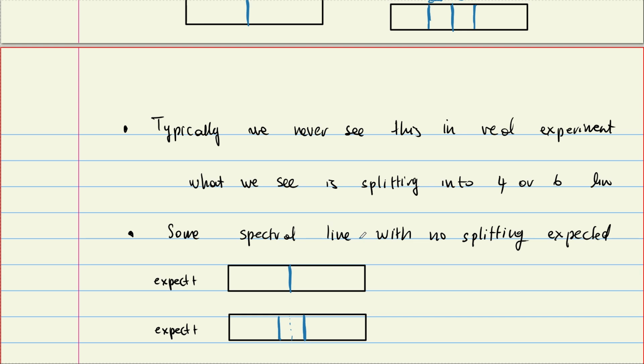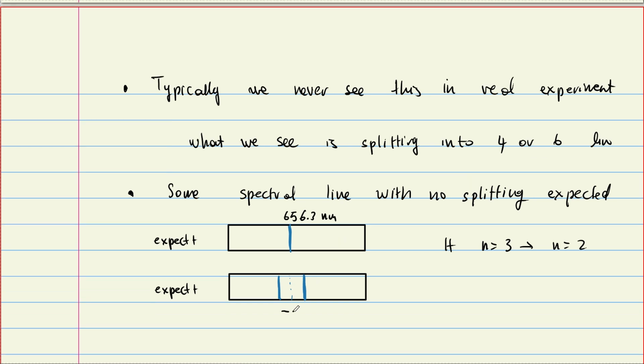So this one is, for example, the famous one. So this is hydrogen, one of the hydrogen n equal to 3 to n equal to 2 transitions. We are expected to see one line at 656.3 nanometers, but we see 2 lines separated by 0.14 nanometers.